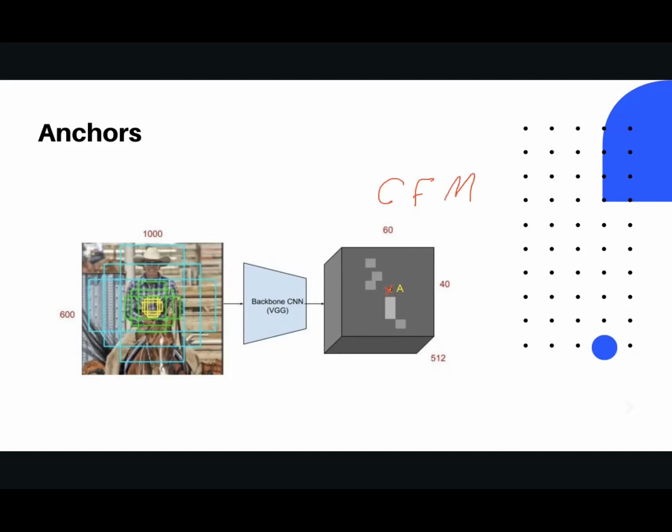But it is the same as searching here. So it is kind of similar to when we apply an anchor of this size, it is as if we are searching in this size.